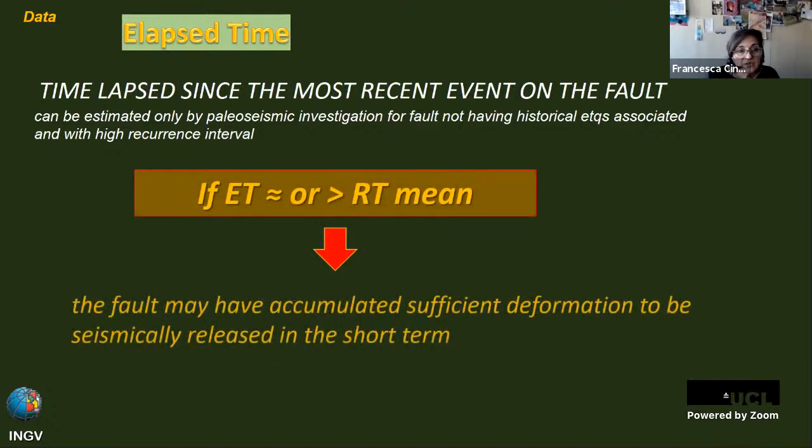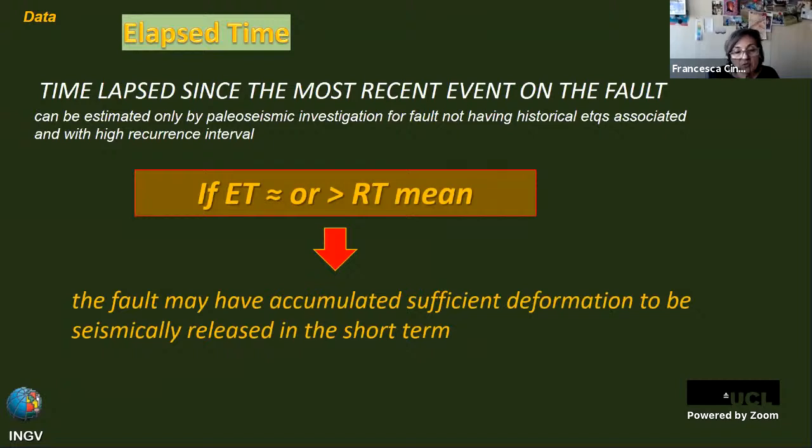If the elapsed time approximates or is larger than the recurrence time, the fault may have accumulated sufficient deformation to be seismically released in the short term. And actually, in the Apennines, for example, we see that there are several faults that are ready to go, and we call them silent faults. And the Norcia fault is one of these that ruptured in 2016.